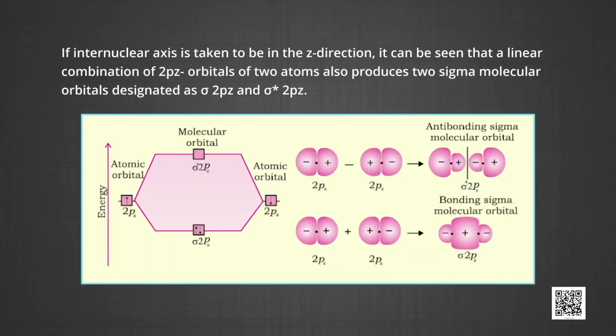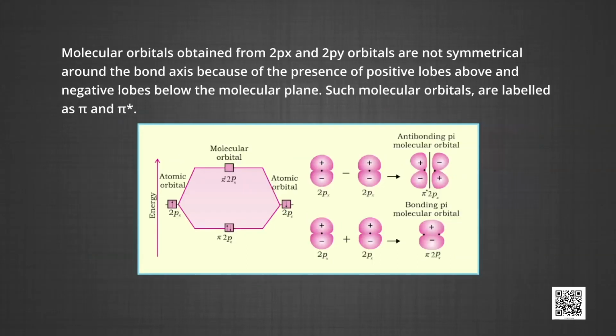The figure will show you that if the internuclear axis is taken to be in the z direction, a linear combination of 2pz orbitals of the two atoms also produces two sigma molecular orbitals designated as sigma 2pz and sigma antibonding 2pz.